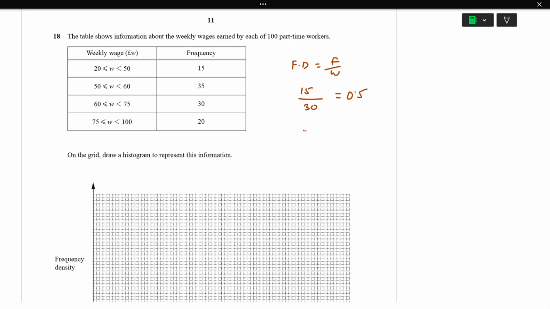Next one, 35 over 10, which is 3.5. Next is 30 over 15, which is 2. Next is 20 over 25, so we'll multiply by 4, which is 80 over 100, which is 0.8.